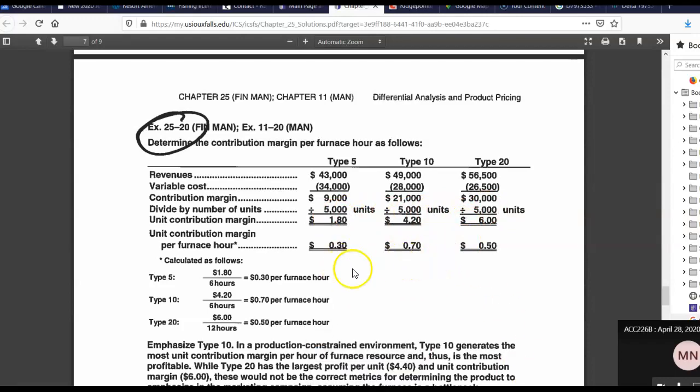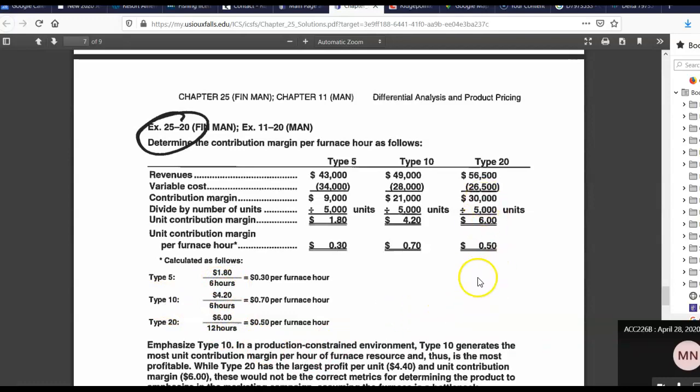Well, that's great if everything else was the same, meaning how long did it have to be in the oven? Then you would say we want to sell more of type 20, right? Because it has a higher contribution margin. The problem is, in order to get that, it needs to be in the oven 12 hours versus type 10 is 6 hours and type 5 is 6 hours.